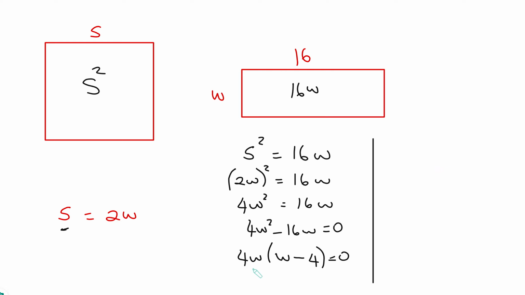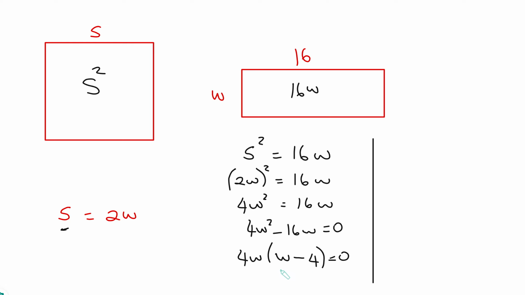From here, based on our knowledge of quadratic equations, we can say that either 4W has to be 0 or W minus 4 has to be 0, so that when we multiply them together, we get 0.